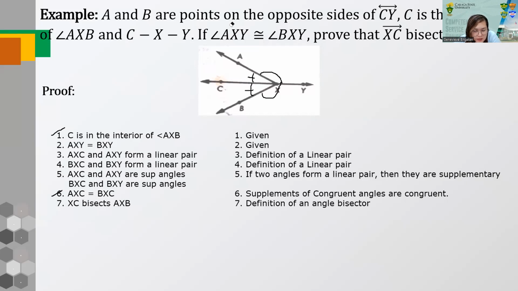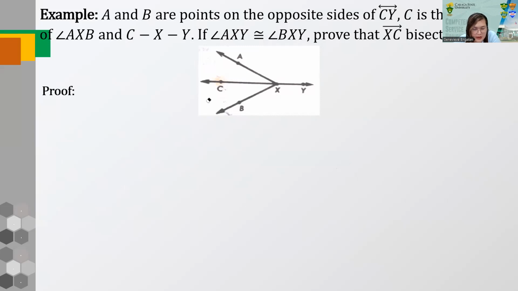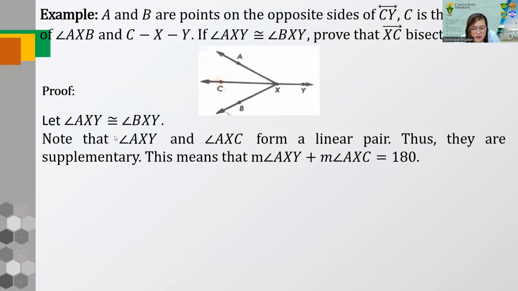Okay, so, kung atong tanawon using direct proof, let AXY and BXY be congruent angles. Okay, note that AXY and AXC form a linear pair. Thus, they are supplementary.